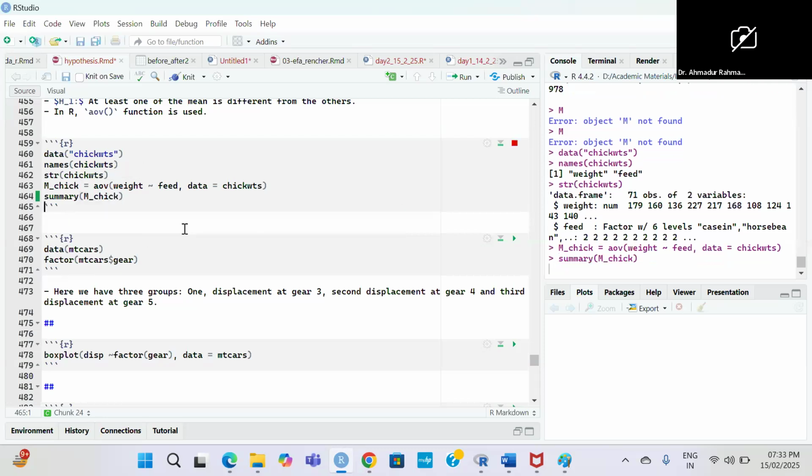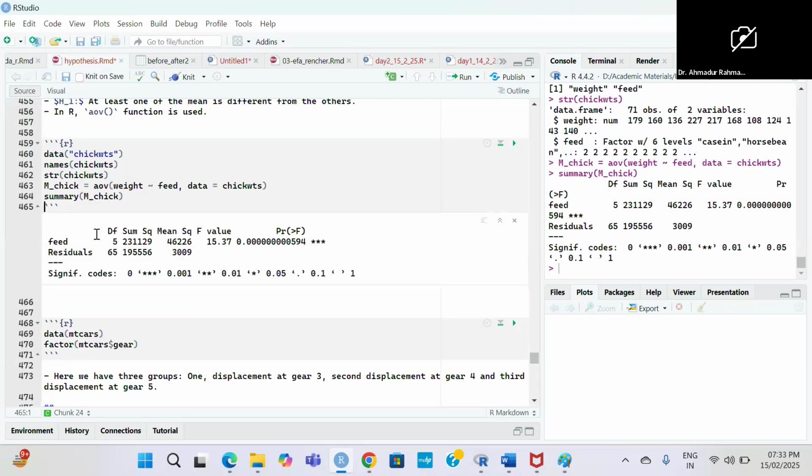Then we summarize this model, m chick. First, feed has 6 types, so 6 minus 1 is the degrees of freedom, and residual is 65, since there are 70 observations.